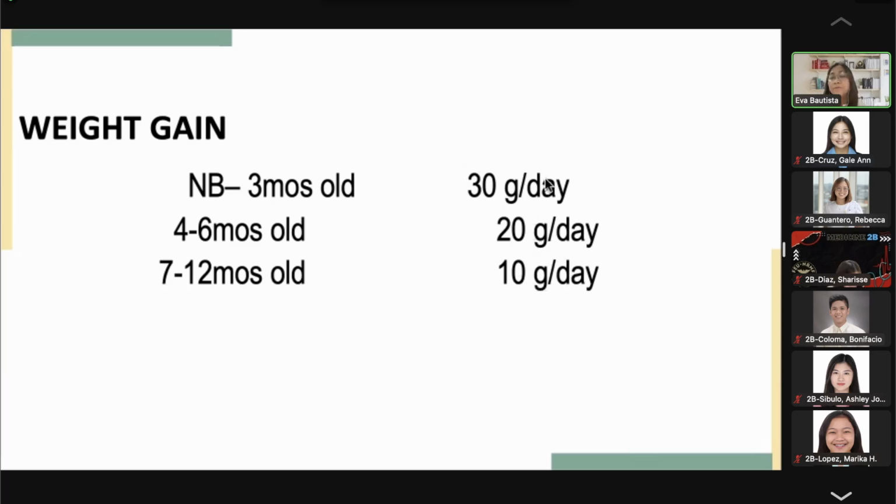The 30 grams per day is equivalent to around 900 grams per month during the first 3 months of life. And this is 600 grams per month weight gain during this time, and this is around 300 grams per month increase in weight.